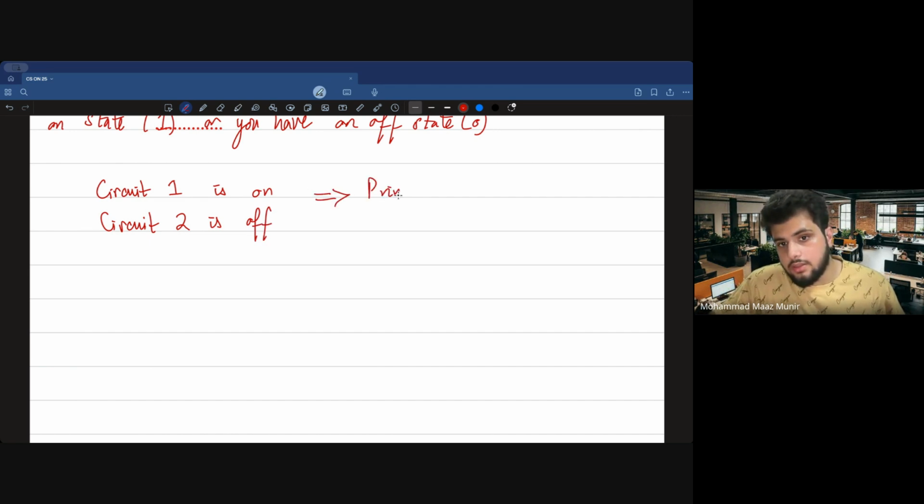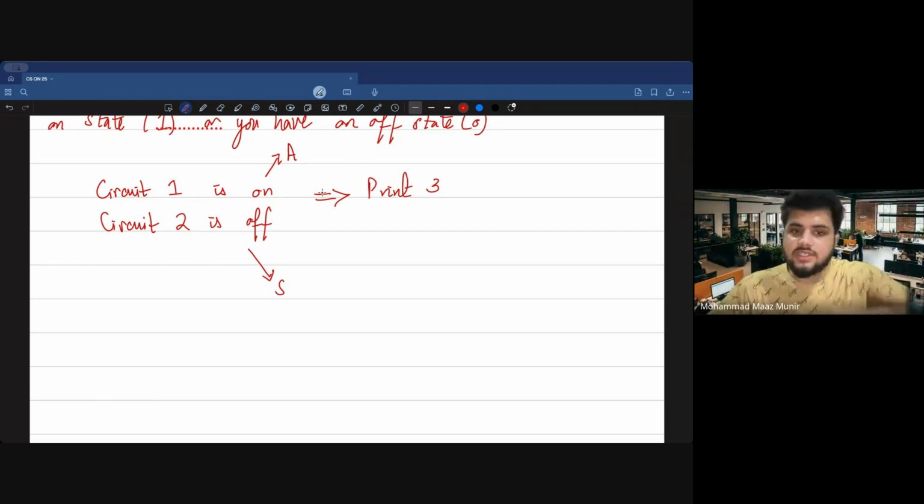I turn on circuit number one using, let's say, A on the keyboard, and then I turn off circuit number two using the button S. This is just an example. It's nothing practical; I'm just trying to explain the concept.